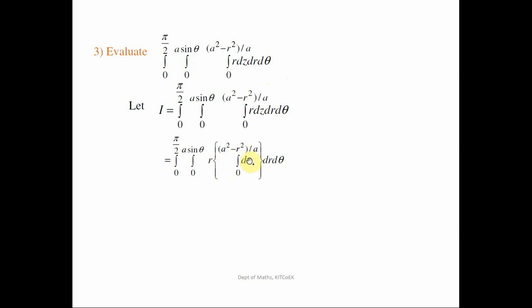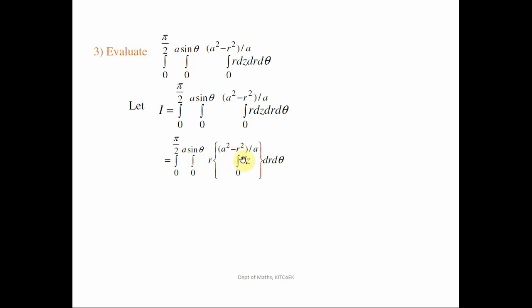As we are integrating with respect to z first, r and theta are both constants, so that factor r I have taken outside the sign of integration, or written outside the bracket. But note that it should not be written outside throughout the integral. We can just write it outside the integral which we are evaluating here.